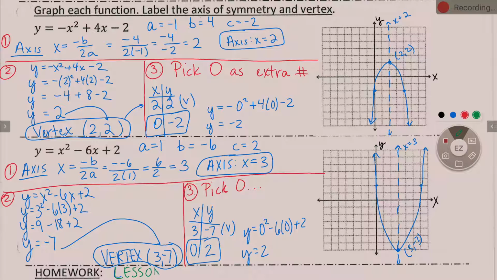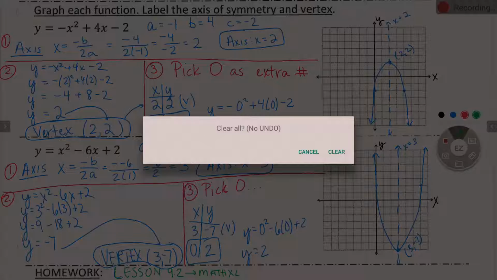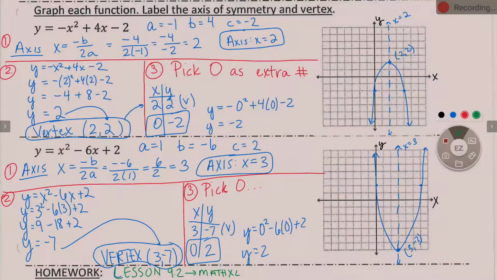Lesson 9.2 in MathXL. My board's being rather difficult. Okay, guys. Get working.